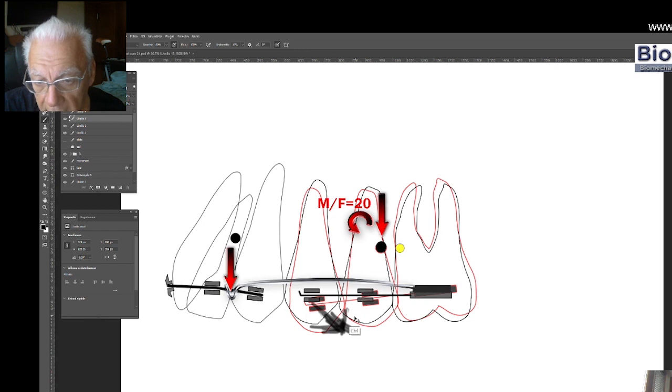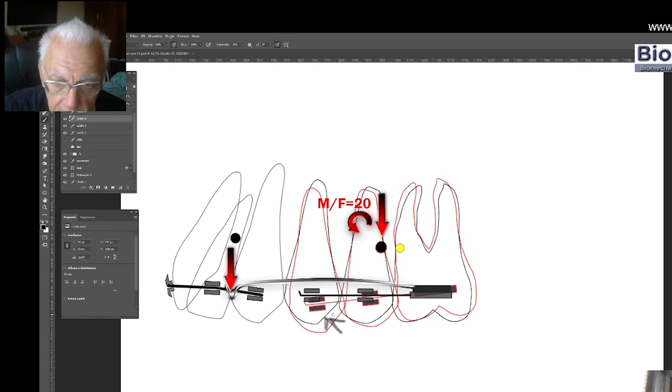It's very interesting to say that if you have a very stable occlusion here, in my opinion, this is the best anchorage you can have, because if you have these two inclined planes, let's imagine that here you have the lower molar, the lower premolar, and here you produce forces that are just against this displacement.